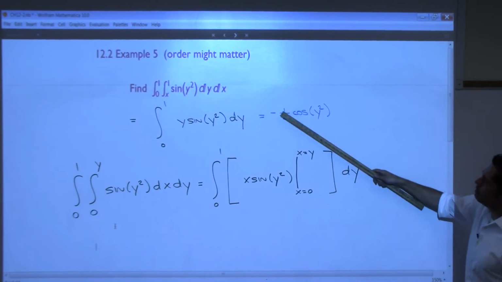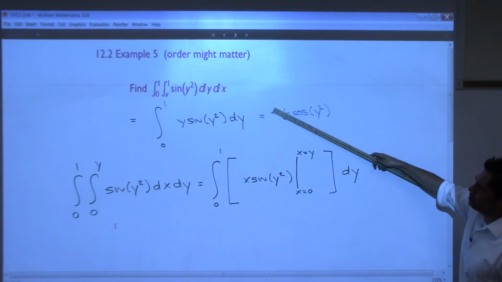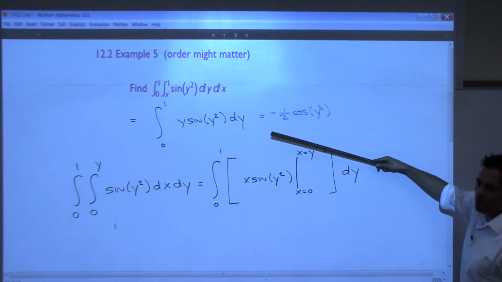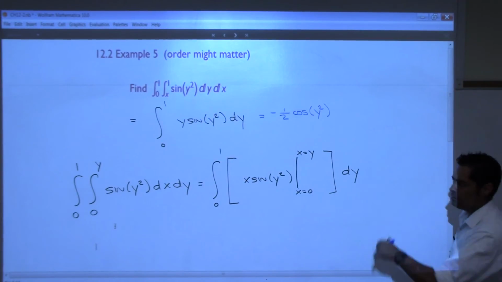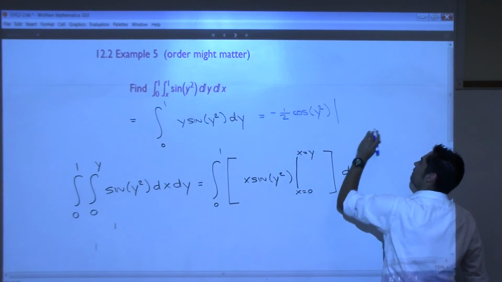What's the antiderivative of cosine of something? Negative sine of that something, then times the derivative of what's inside. What's the derivative of what's inside? 2y. So what's 2y times negative 1/2? It should be y, and then there was a negative that popped with the sine. So it works. Okay, you go do it on your own.